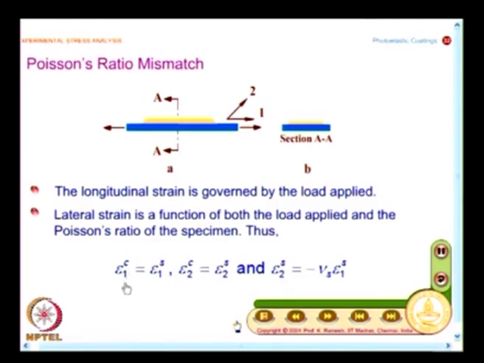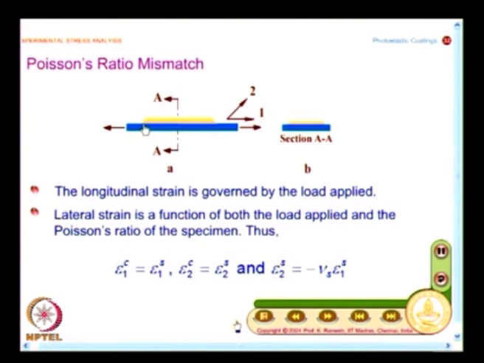So, what I have here is epsilon 1 c equal to epsilon 1 s, there is no problem, and we have epsilon 2 c is also equal to epsilon 2 s, because we assume that the bonding of the coating is very carefully done, so that whatever the strains developed in the specimen are faithfully transmitted to the coating. If the coating is very thin, then you do not have much of a problem, and we are talking about a finite thickness coating.